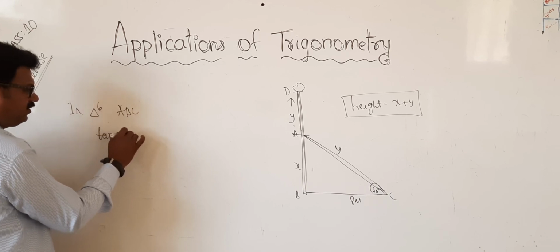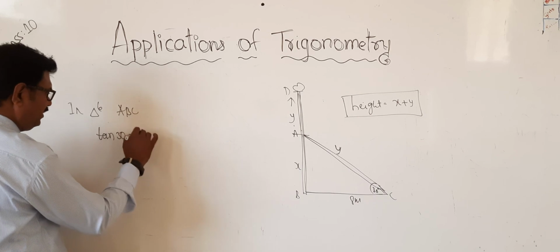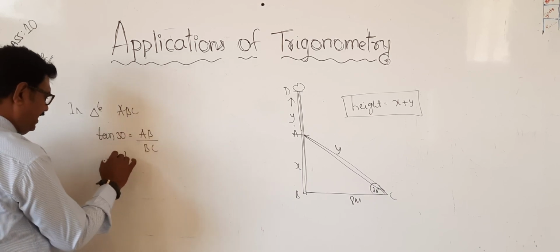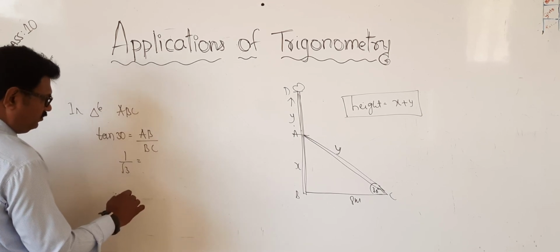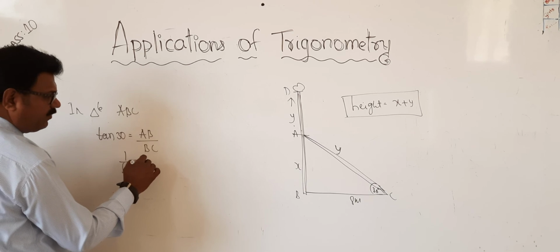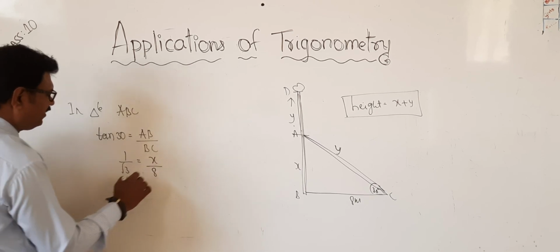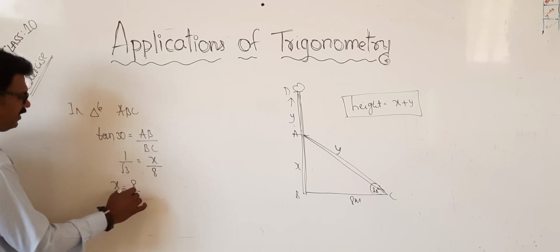Tan 30 is equal to AB divided by BC. Tan 30 is 1 by root 3, and AB is x, which we don't know, divided by 8. Therefore x is equal to 8 by root 3.